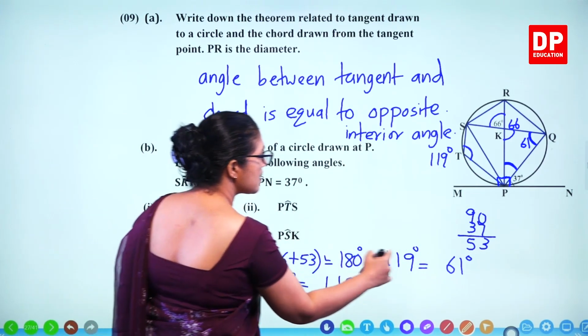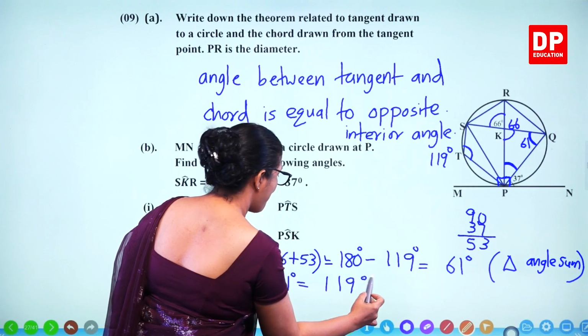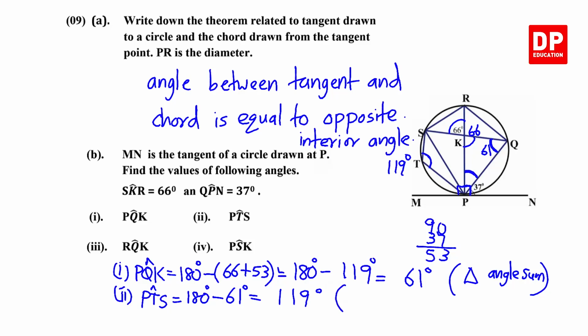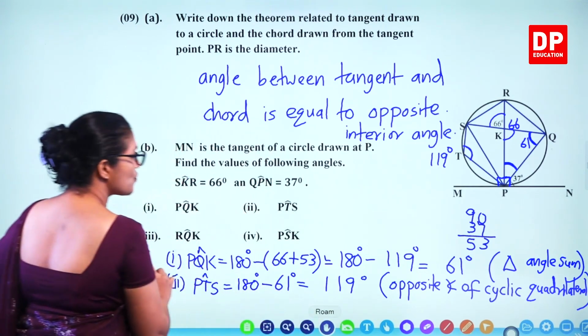Here, this is triangle angle sum. What about this one? This means opposite angles of a cyclic quadrilateral. What about the next one?